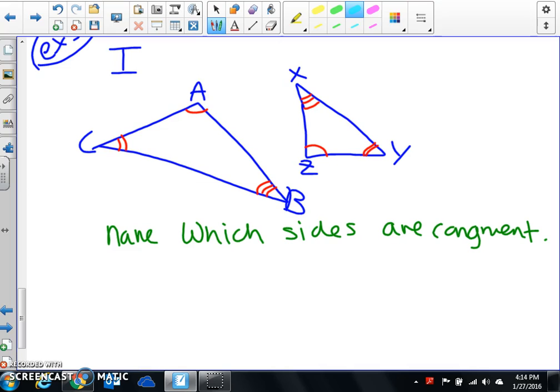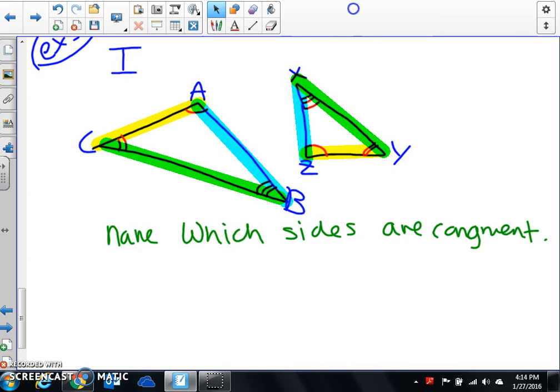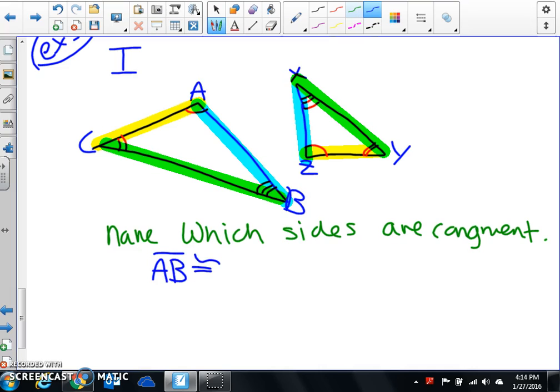Okay, so let's grab 1 to 2, 1 to 2, 1 to 2. Then I'd go 2 to 3, 2 to 3, and then the missing one. So now I just go ahead and say, okay, so which sides are congruent? A to B, AB is definitely congruent to the other blue, which is XZ.